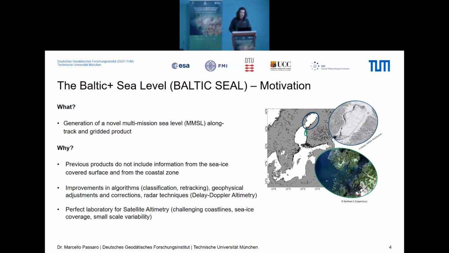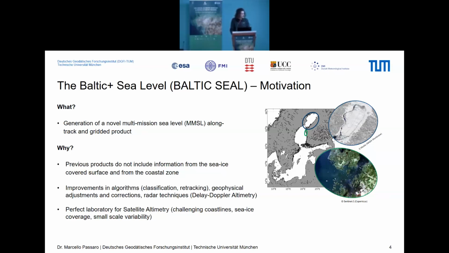So why did we choose the Baltic Sea as a laboratory to advance sea level products? So the Baltic Sea has, first of all, very complex coastlines and many small islands and narrow straits. So it's pretty difficult to retrieve unperturbed information of sea level. So we used coastal sea level tracking to improve the data in the coastal zone.